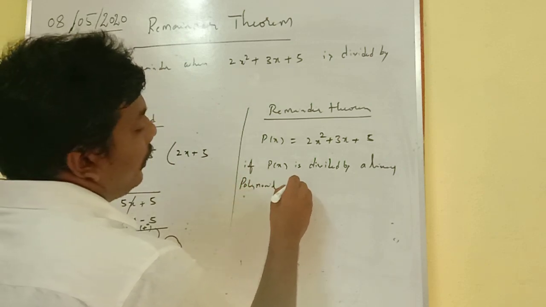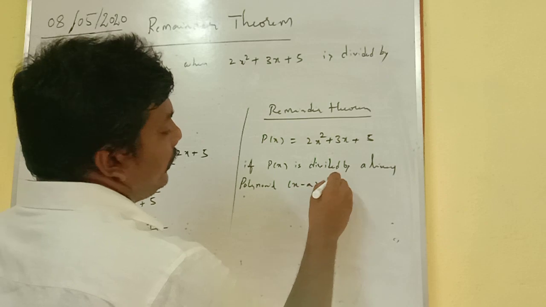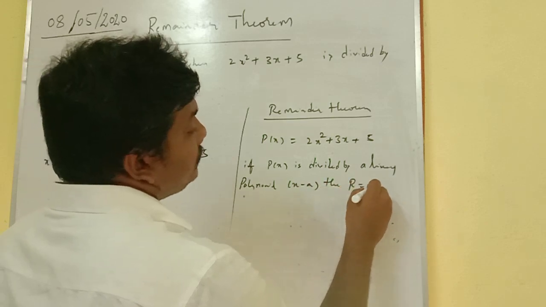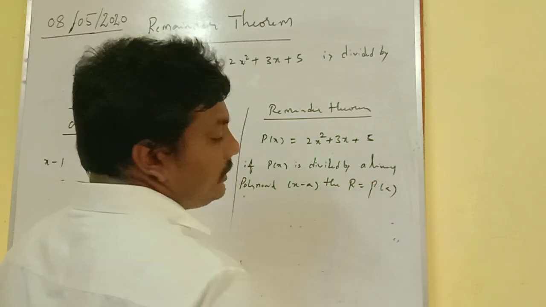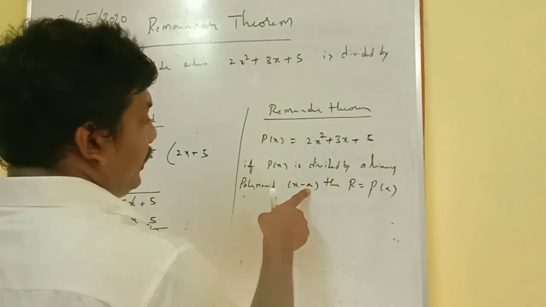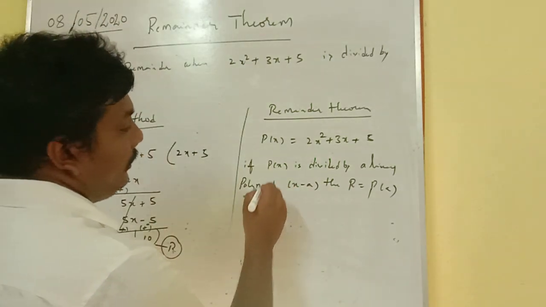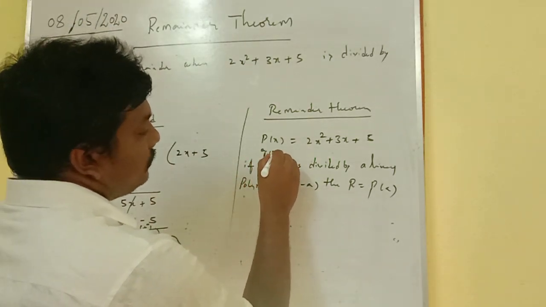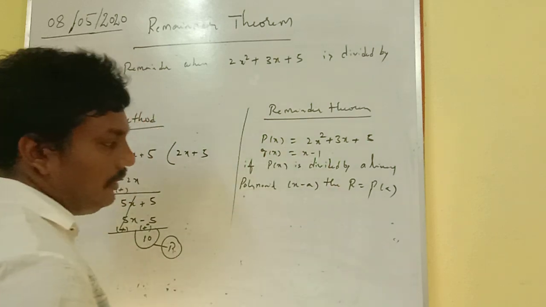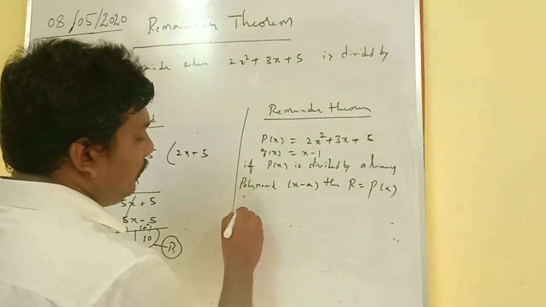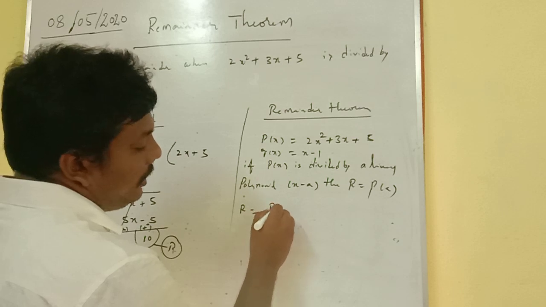In the place of a, we get 1, because g of x is x minus 1. So the remainder is P of 1.